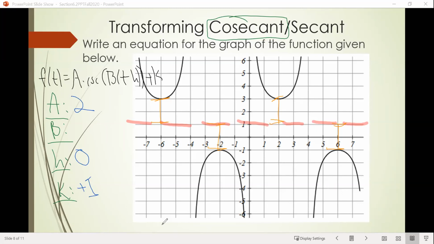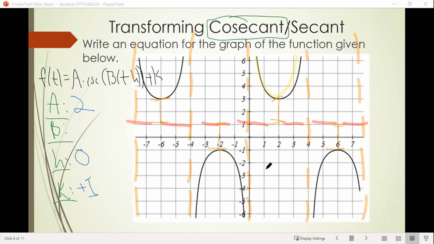And then to find B, we need to find the period, which means we also need to identify where the vertical asymptotes are. It's like we have one here, another one here, another one here, another one here, another one here. So it looks like that same up and down pattern.